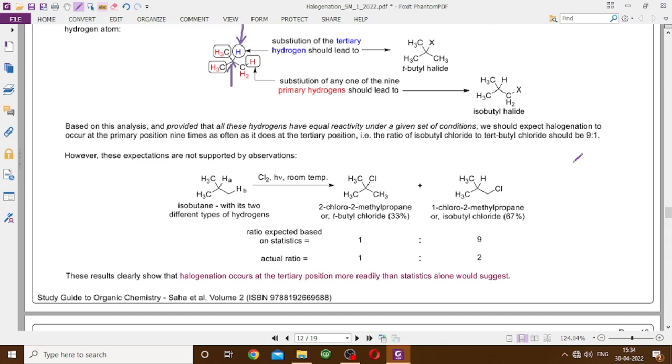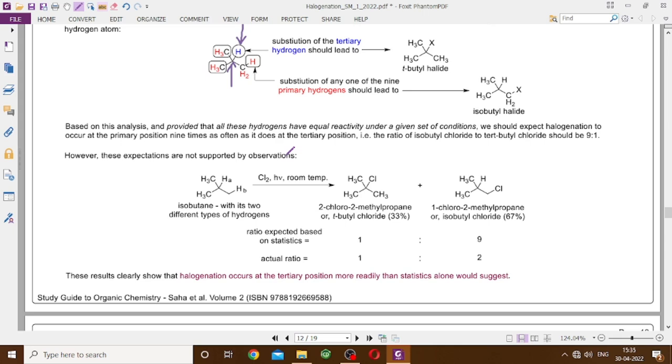And in that scenario, the actual ratio of the two products should be 9:1. Because 9 hydrogens are primary, so 9 times out of 10 I will be getting isobutyl halide, and only 1 time out of 10 I will be getting the tertiary butyl halide.